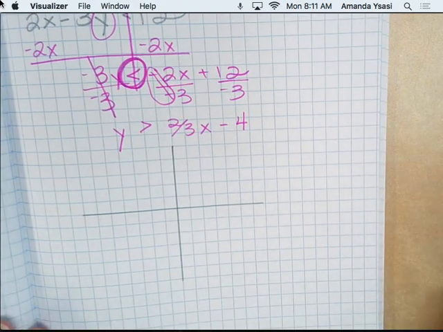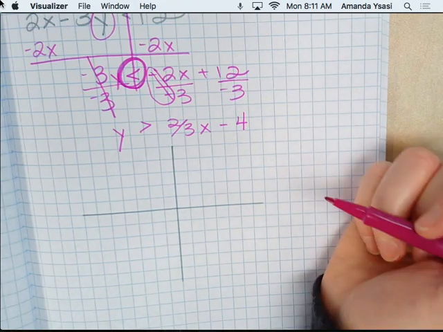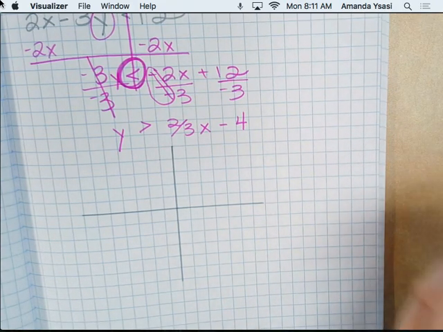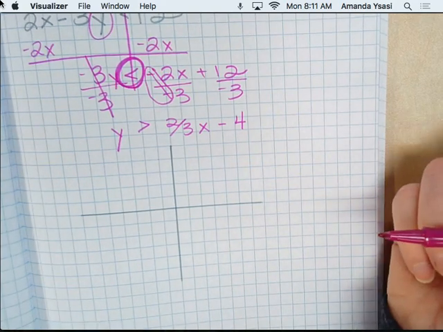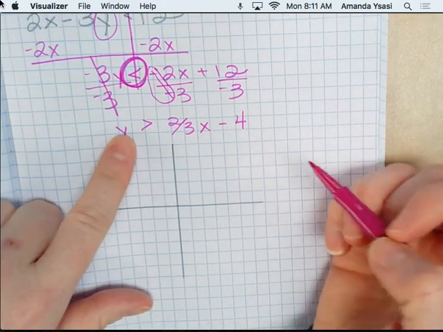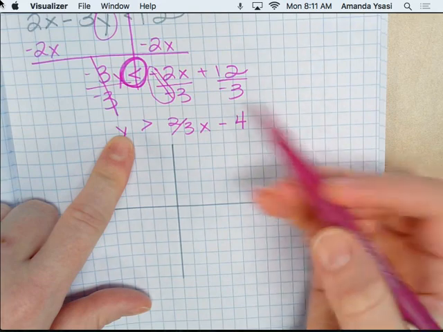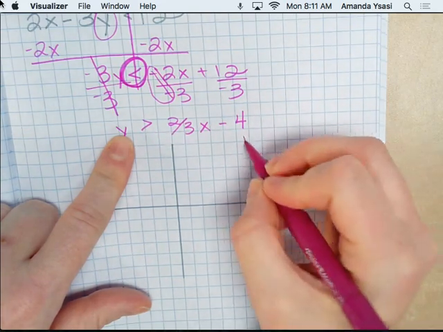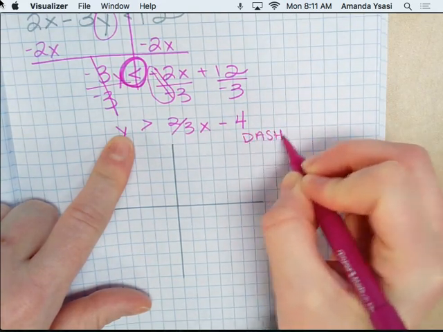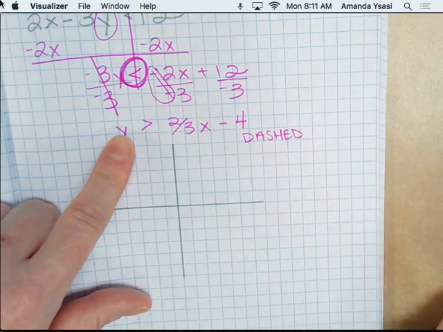Do an x and y axis. And we're going to graph the line just like we would graph an equation. But what do we have to remember? Yeah, it's dashed. So don't make it a solid line, make it dashed.